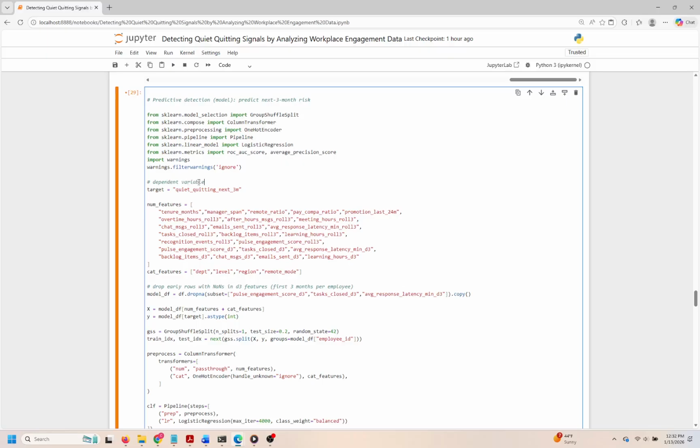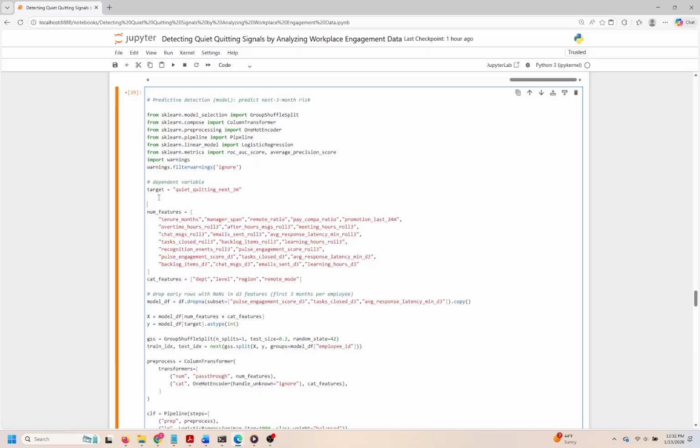Next, we specify the features that contribute to the model. The numerical features encompass various metrics such as tenure, remote work ratio, and engagement scores, while categorical features consist of attributes like department and level. This combination is vital. It ensures we're capturing a comprehensive view of the employee's work context.